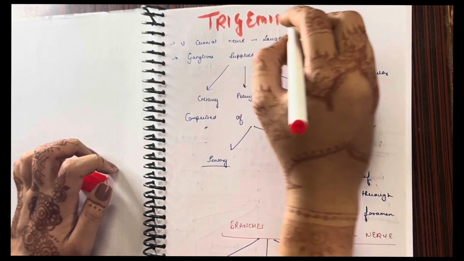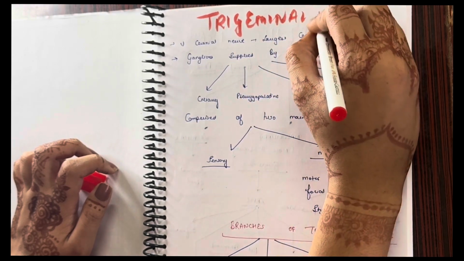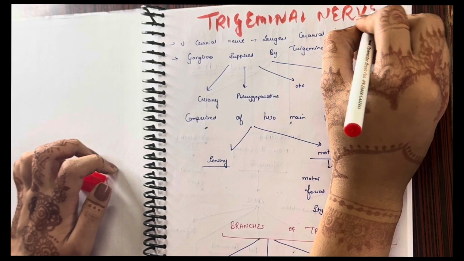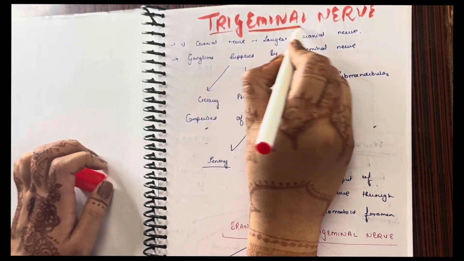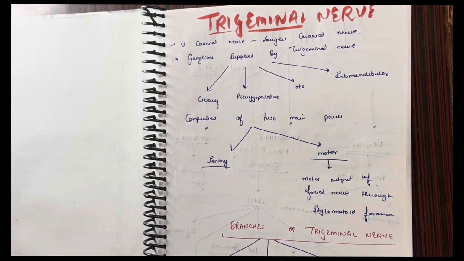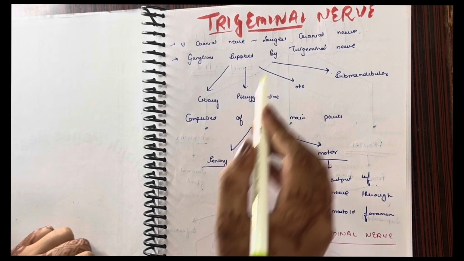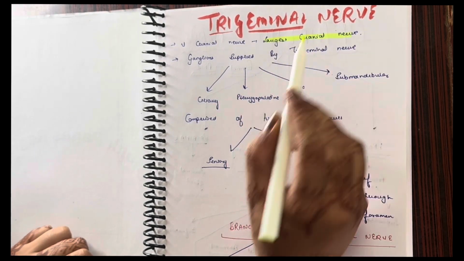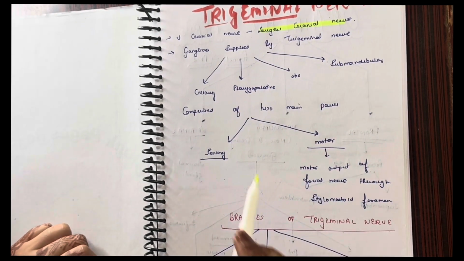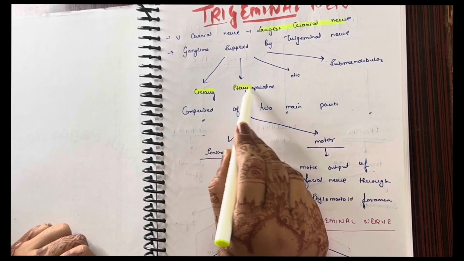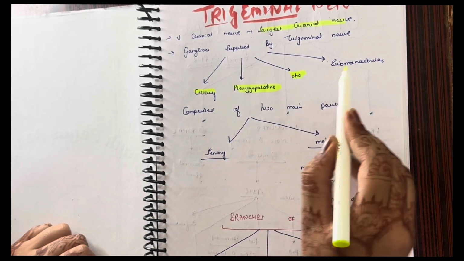Trigeminal nerve, as the name indicates, will have three branches, that is tri and geminal. Now, this is the fifth cranial nerve and the largest cranial nerve. The ganglions that are related to this nerve are ciliary, pterygopalatine, otic, and submandibular.